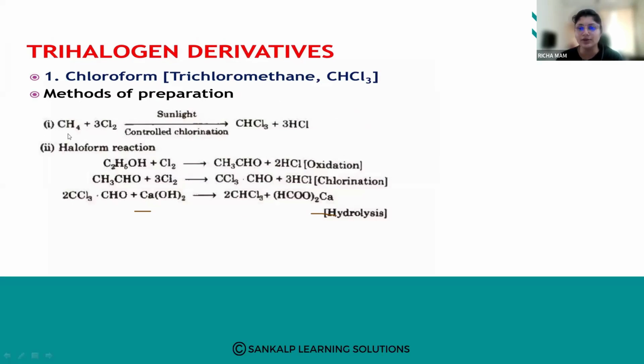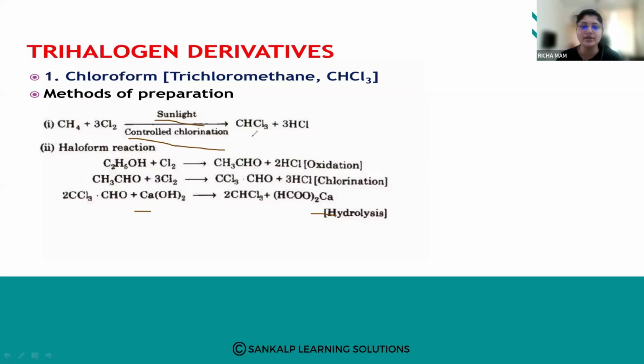Methane you have to react with Cl2 by free radical halogenation in the presence of sunlight, and you have to do a controlled chlorination. Why controlled?